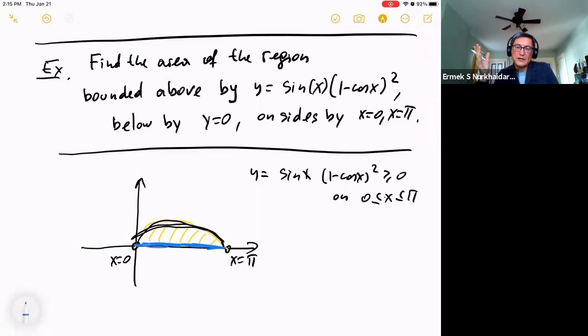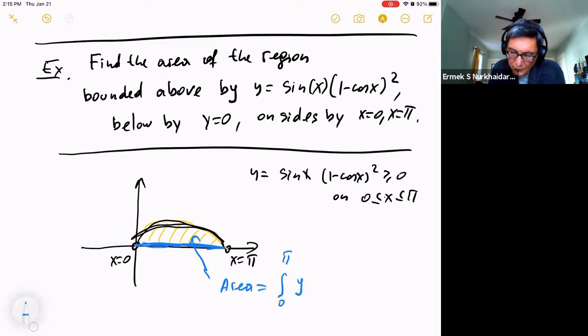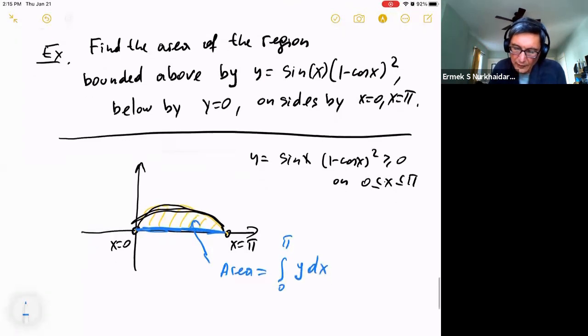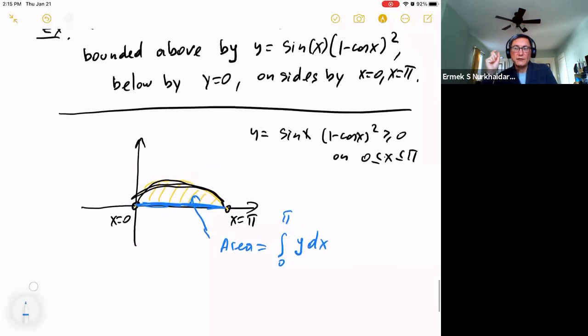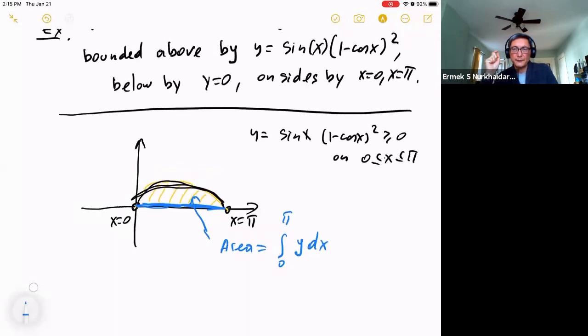On the sides, I have x equals 0, x equals pi. And the area of this region is going to be integral from 0 to pi, function y dx.